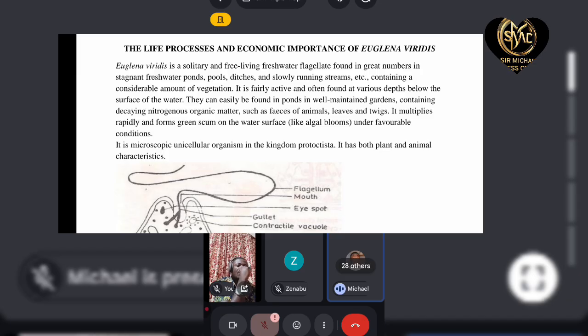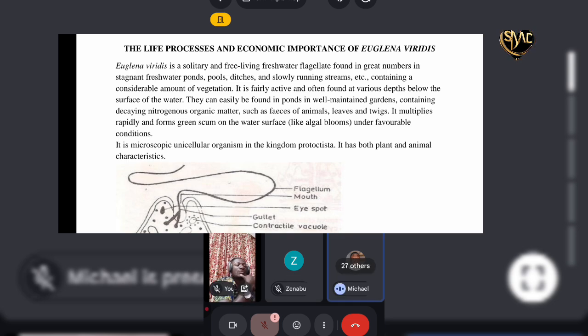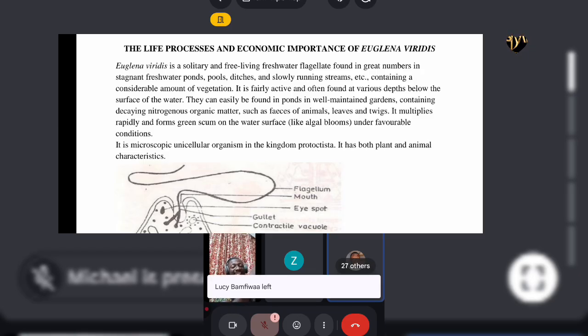And I'm sure if you talk about scum, it's like when you wash with hard water, you see the scum that forms. So it's like a green substance found on water bodies. If you don't take care, you might think it is Spirogyra, but it is not. This one looks like a powdery form, a powder. We call it algal blooms, under favorable conditions.